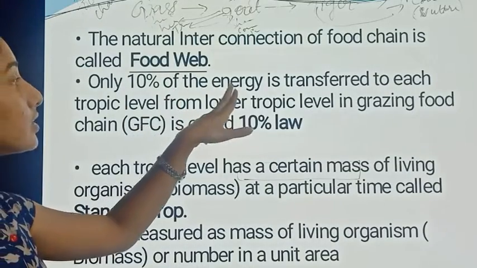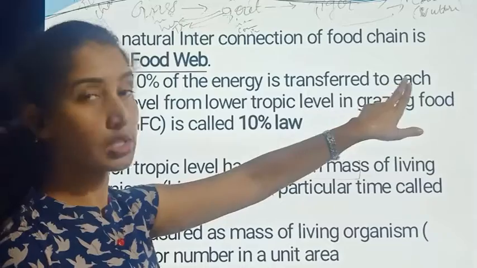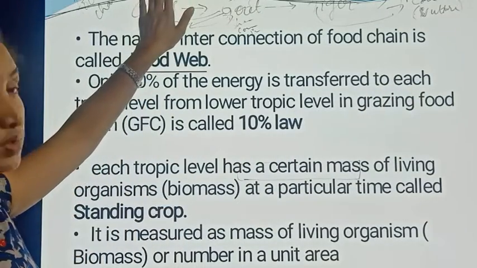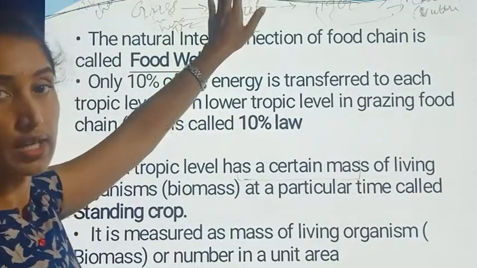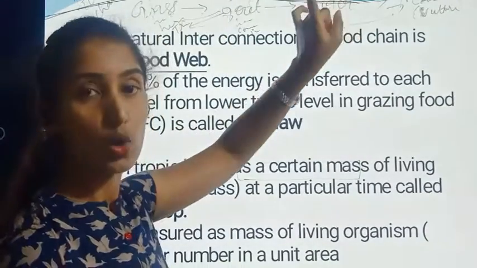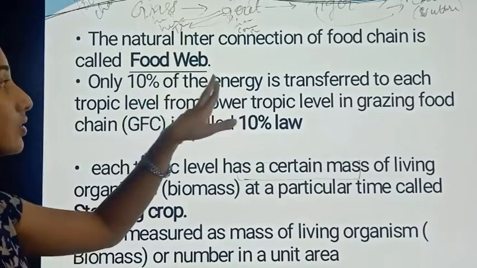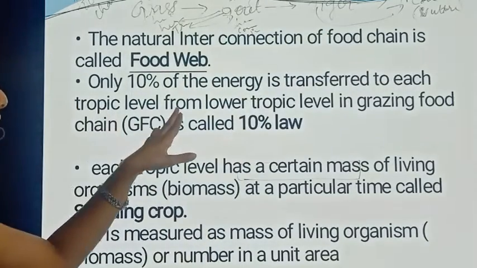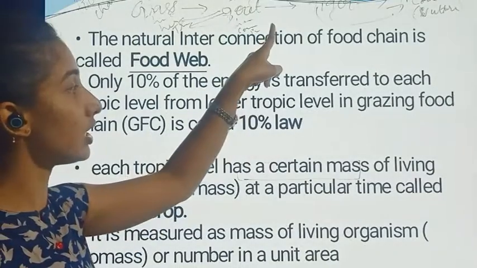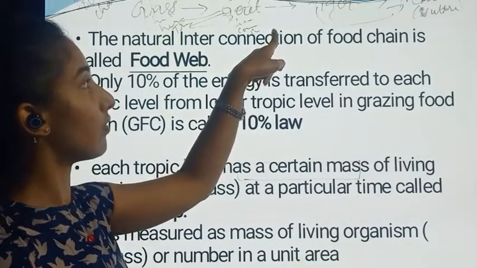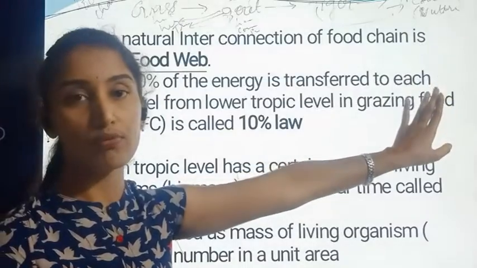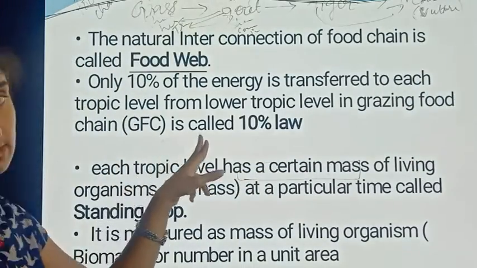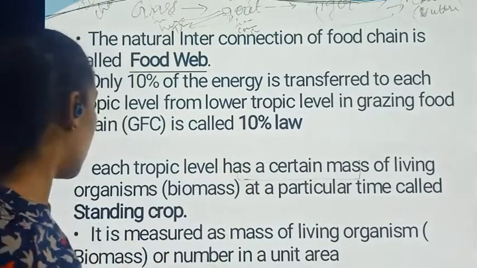Only 10% of the energy is transferred from one trophic level to the next trophic level, in which kind of food chain? In the grazing food chain, and hence we call it the 10% law.